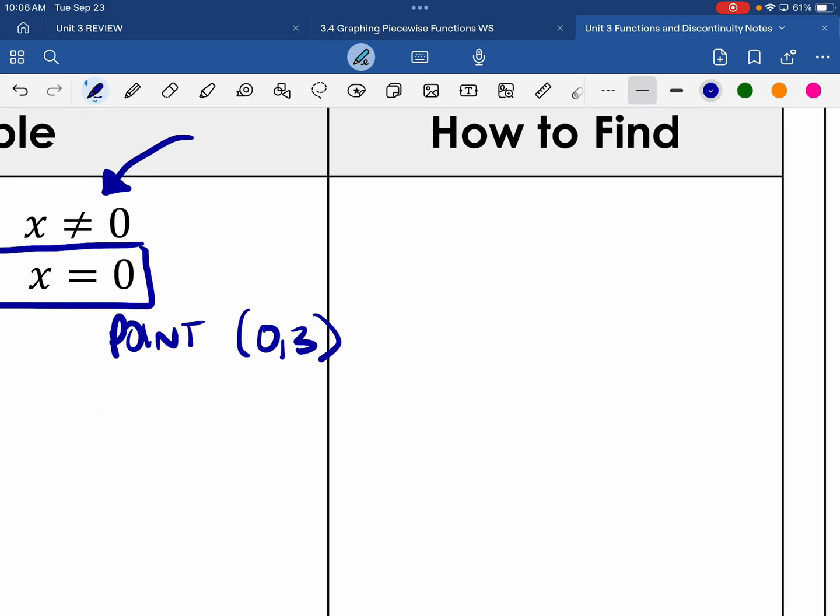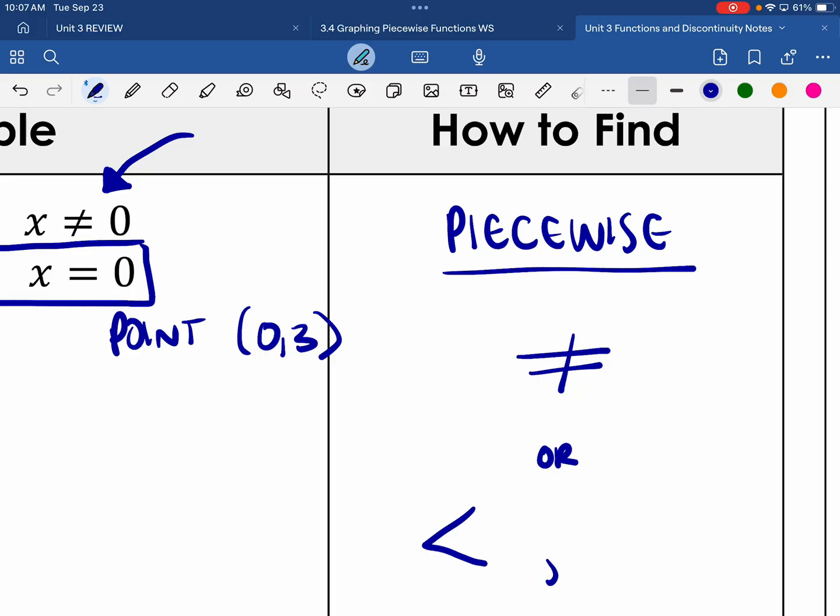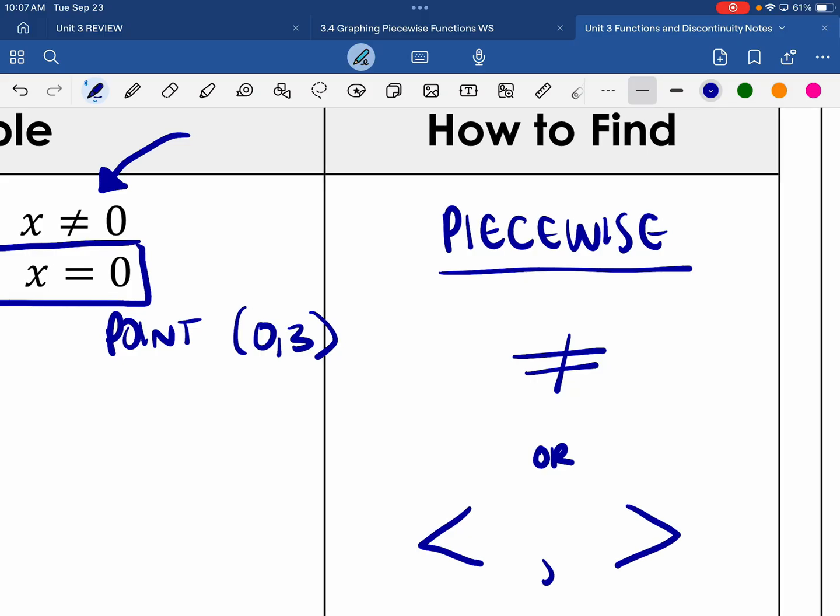So how to find it on your piecewise graphs. You are either going to look for this symbol, the cannot equal to symbol, or if your inequalities do not have lines underneath them, you also would have a hole there.